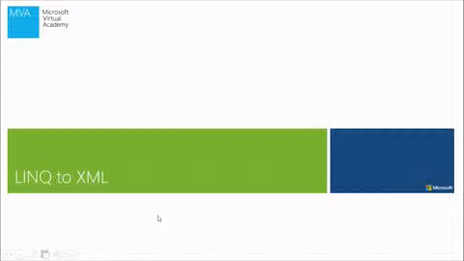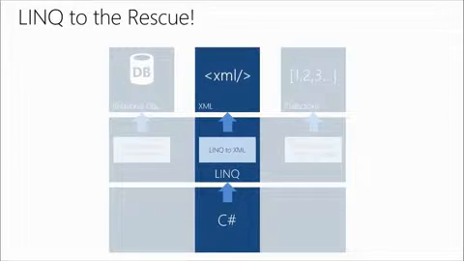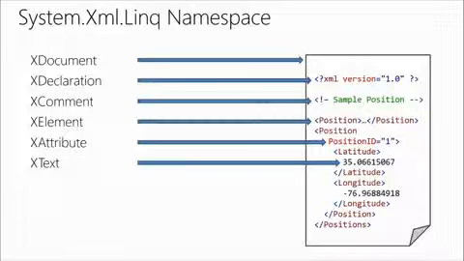And I'll actually come back to that in a second here and look at the alternative to that, which is LINQ to XML. LINQ to XML says, take all that goodness that I loved about LINQ and allow us to do it over the nodes that are inside an XML document. So here we're focusing on that one slice of LINQ where we've got an XML document, I've got some .NET language like C# on the other end, and then I've got this LINQ to XML set of objects and classes in the middle that I can use to make dealing with XML much simpler.